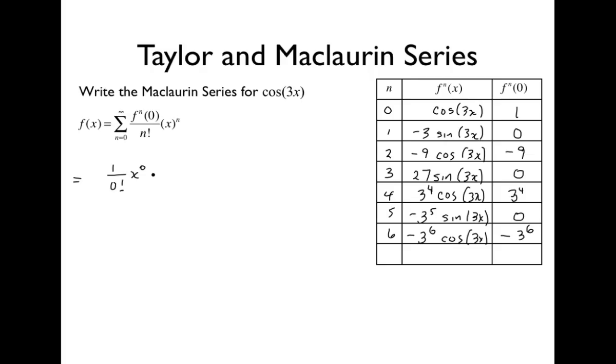So we don't get an x to the first term because it's going to be 0 over 1 factorial, so that will go away. Next term will be minus 9 over 2 factorial times x squared.